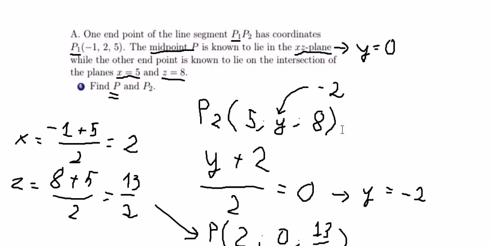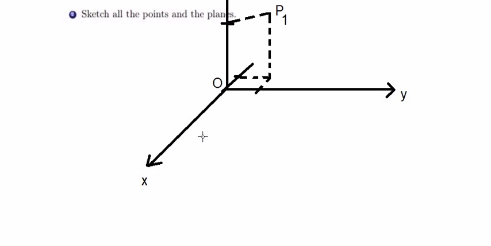Now let's go to the point P2. We get 5, negative 2 and 8. So 5 should be in here. Negative 2 should be in here.